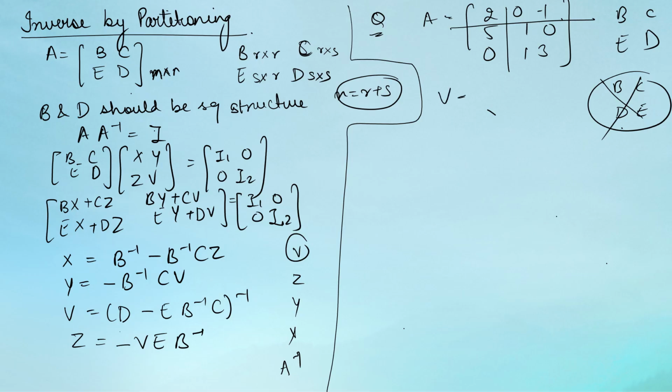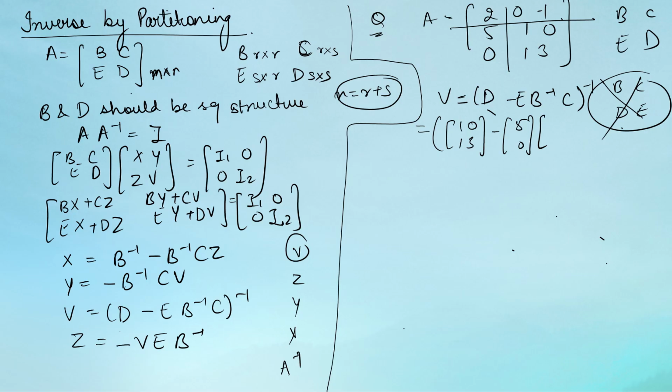So first we'll calculate V because D is known, E is known, B inverse you can calculate, and C is also known. So when you calculate V, you get 1, 0, 1, 3 minus 5, 0. Now B is 2. How can you get your identity back?